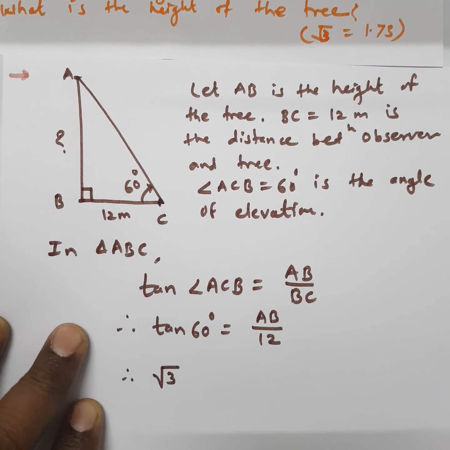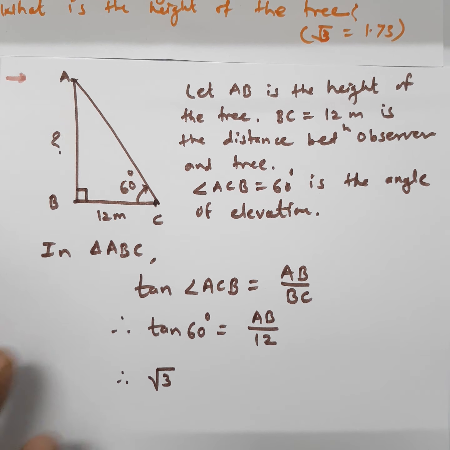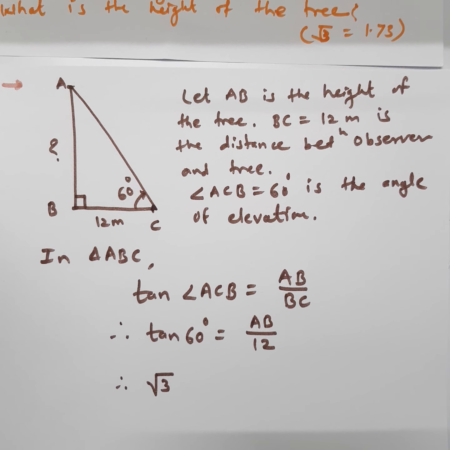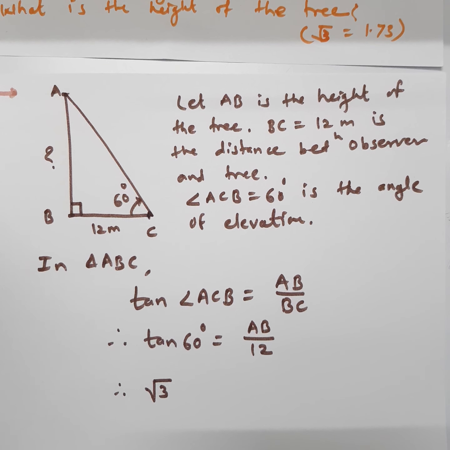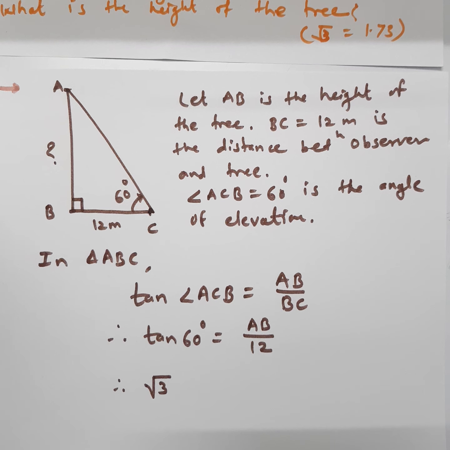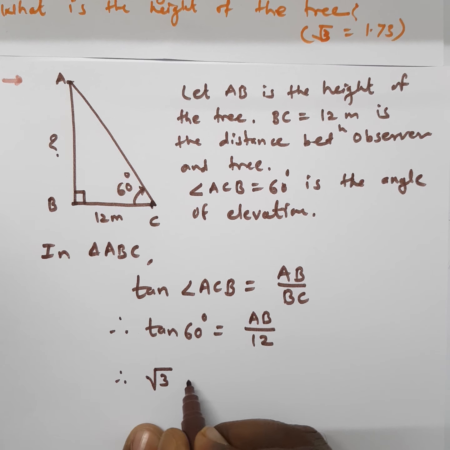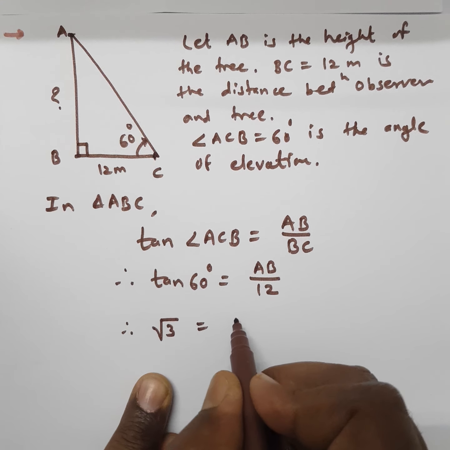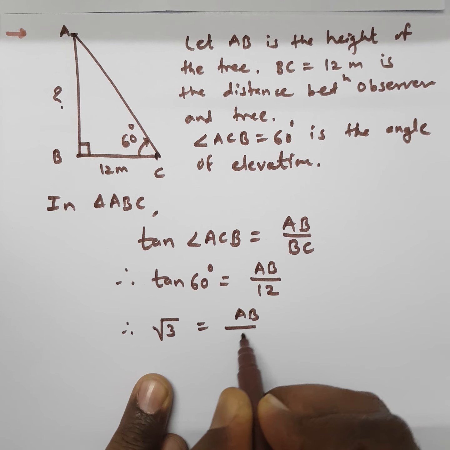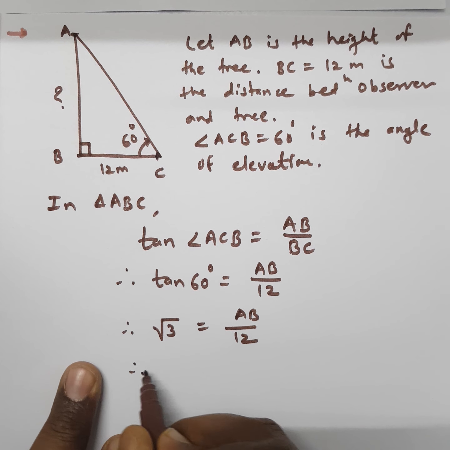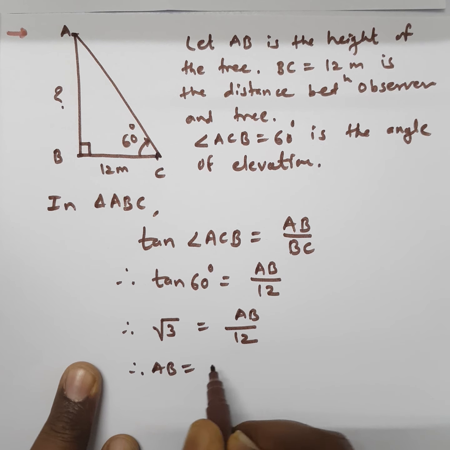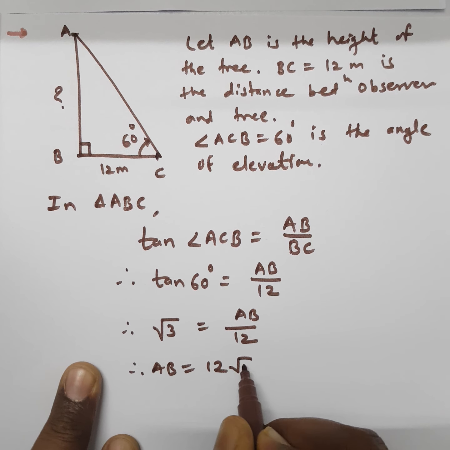We have written the table of the values of trigonometric ratios of 0 degree, 30 degree, 45 degree, 60 degree and 90 degree. In that table, the value of tan 60 is root 3. Therefore, root 3 is equal to AB upon 12. Therefore, AB is equal to 12 root 3.